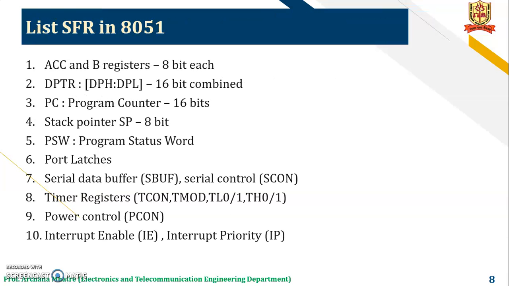Now next, the list of SFRs used in the 8051 microcontroller. These are the special function registers used in the 8051 microcontroller. First are the accumulator and B register, then DPTR, program counter, stack pointer, PSW, that is program status word, then port latches, that is ports 0, 1, 2 and 3, then serial data buffer SBUF, serial control SCON register, timer registers, that is timer control and timer mode, TCON, TMOD, TL0, TH0, TL1, TH1, then the power control register.